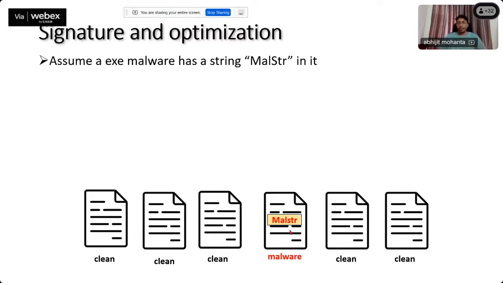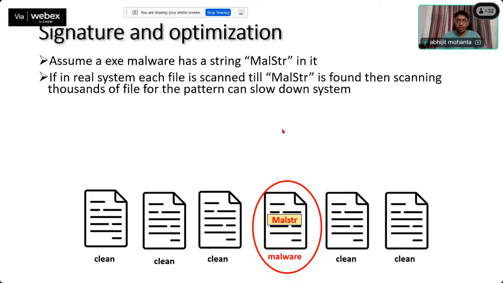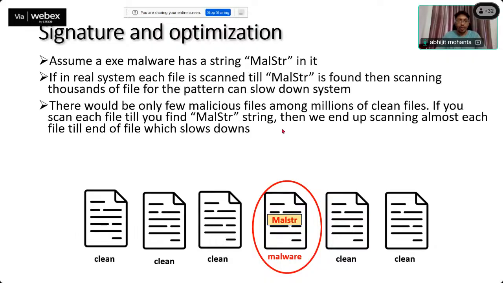So there is one malware, and you choose that for writing a detection. There is a string there, and the string is malstr. Now if you write a signature, there are clean files and one malware file.